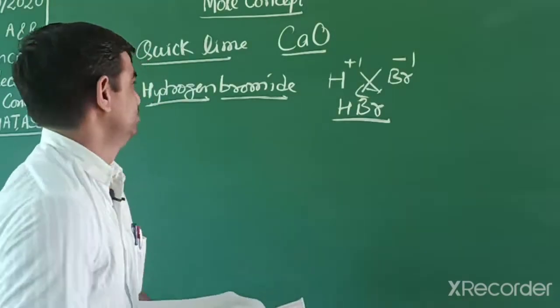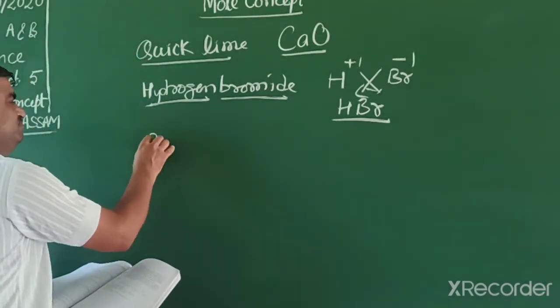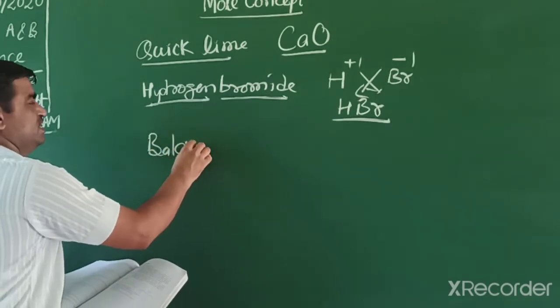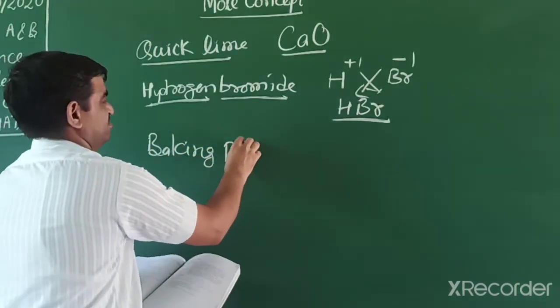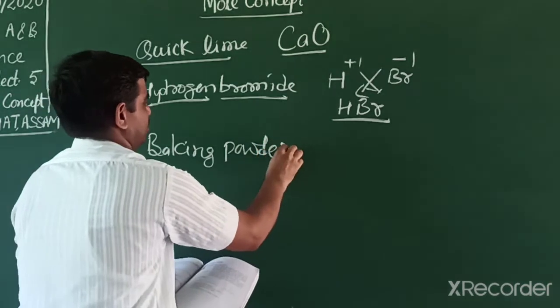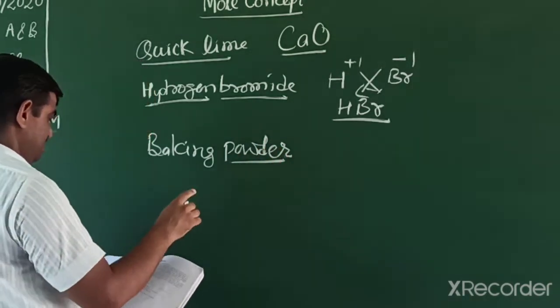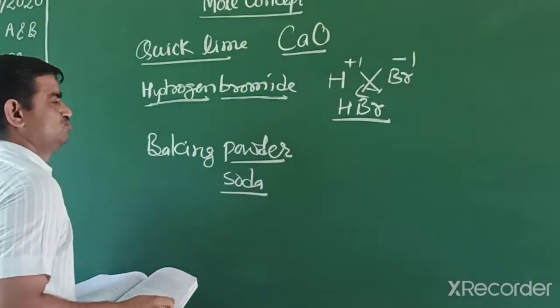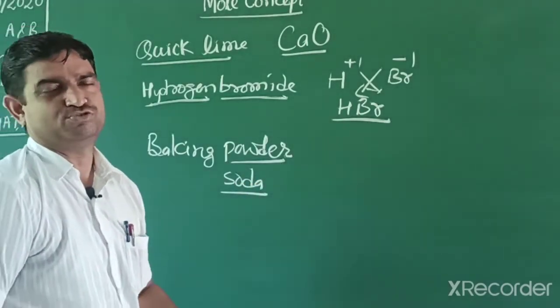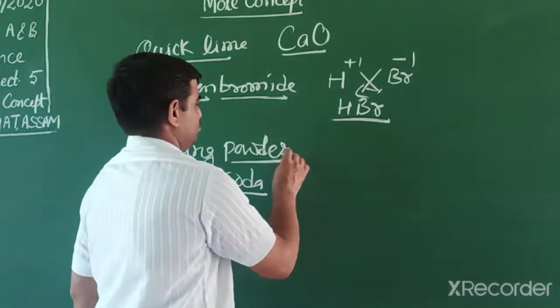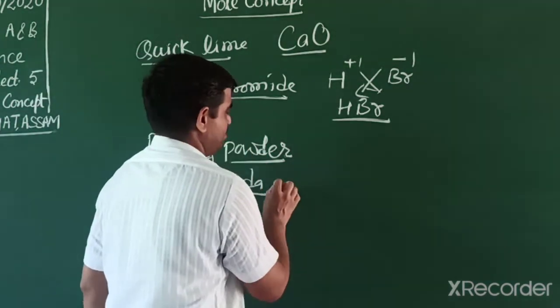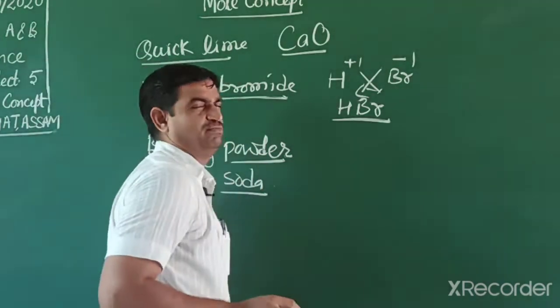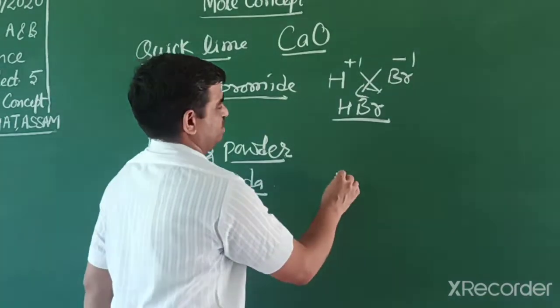Other one given is baking powder. Students, powder is slightly different. If you write baking soda, normally that compound is sodium hydrogen carbonate. Baking soda is sodium hydrogen carbonate or bicarbonate.